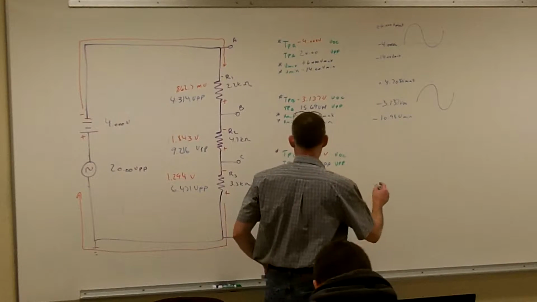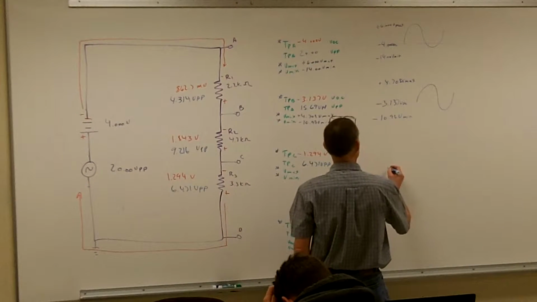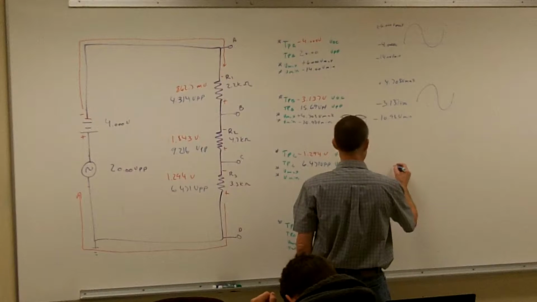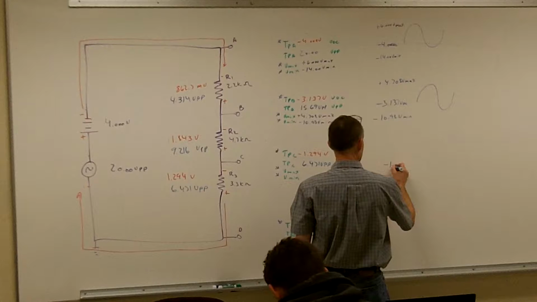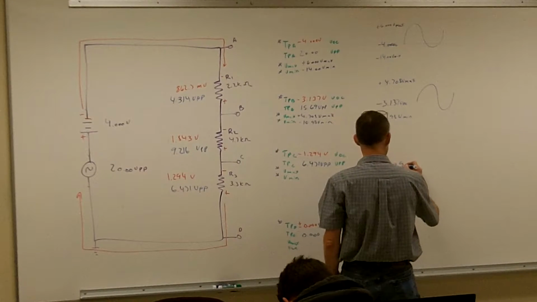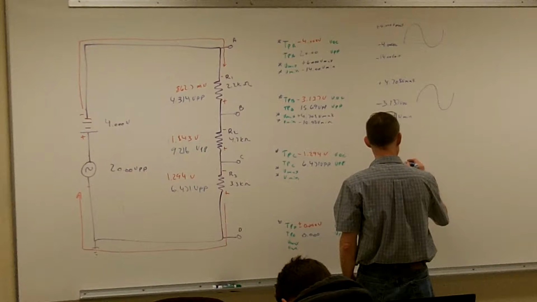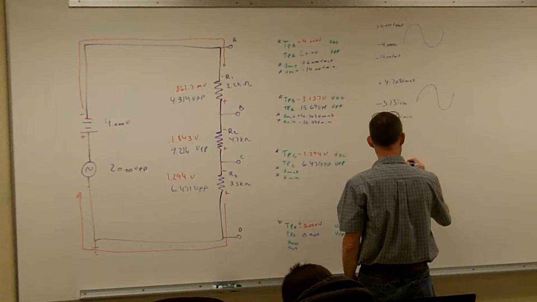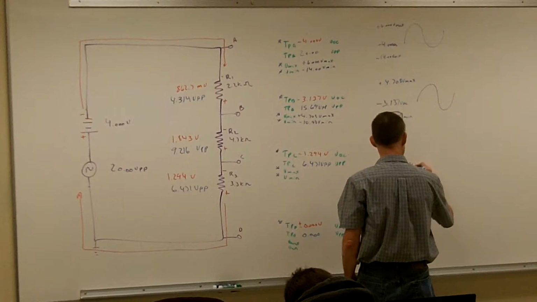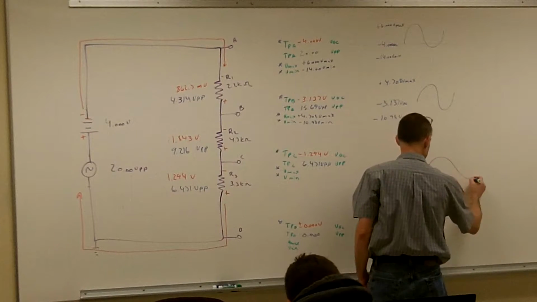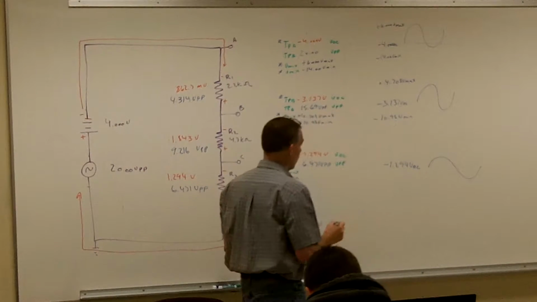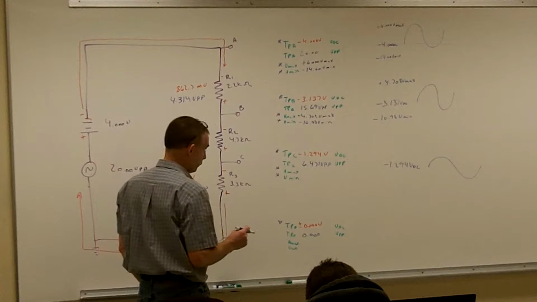Alright, so then what's my DC reference on test point C going to be? Negative 1.294 volts DC. So that's going to be my DC reference. And then my signal is going to be right on that.